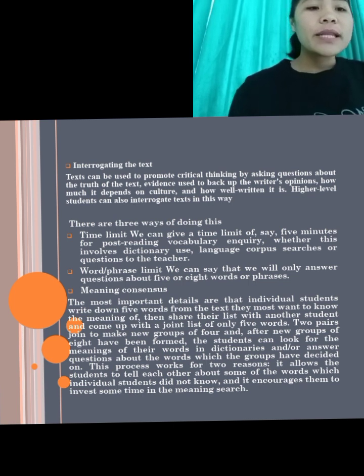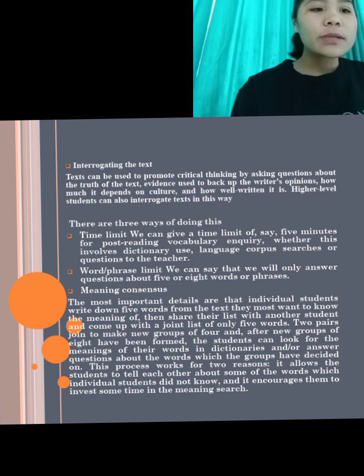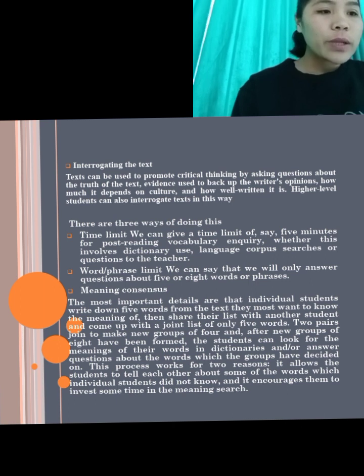And then meaning consensus. The most important details are that individual students write down 5 words from the text they most want to know the meaning of. Then share their list with another student and come up with a joint list of only 5 words.